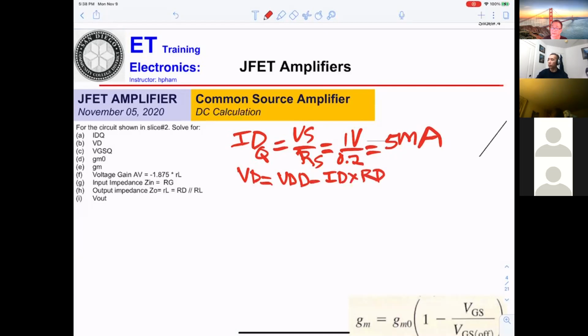Is it 7.5? Yes, sir. VGS is negative 1 volt. Perfect. VG minus VS, and VG equals 0. Yes, sir. Perfect.